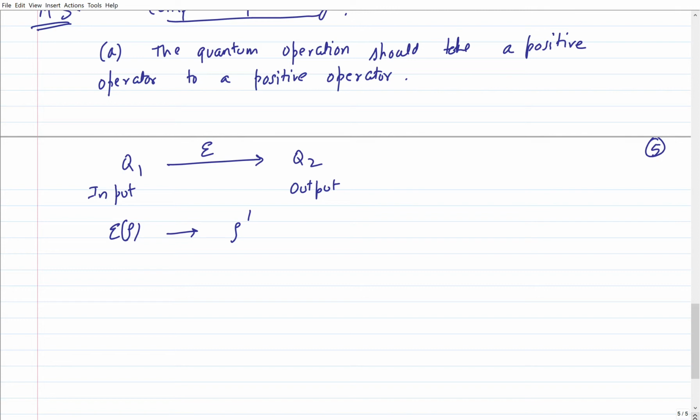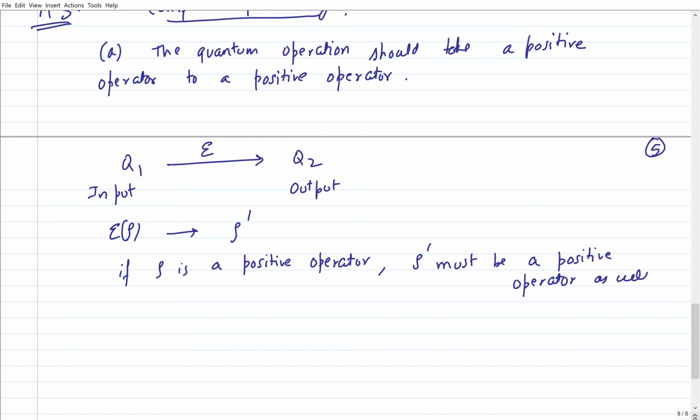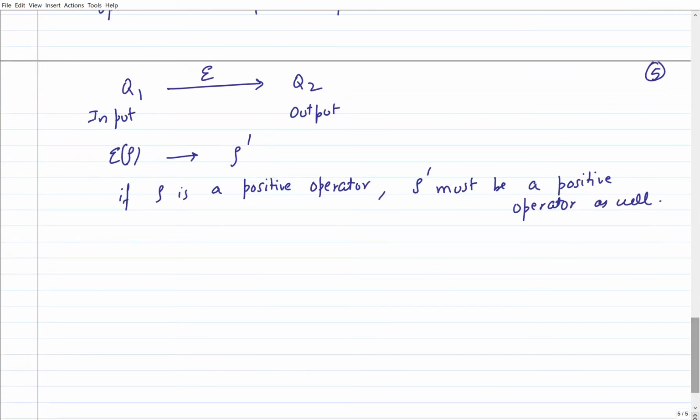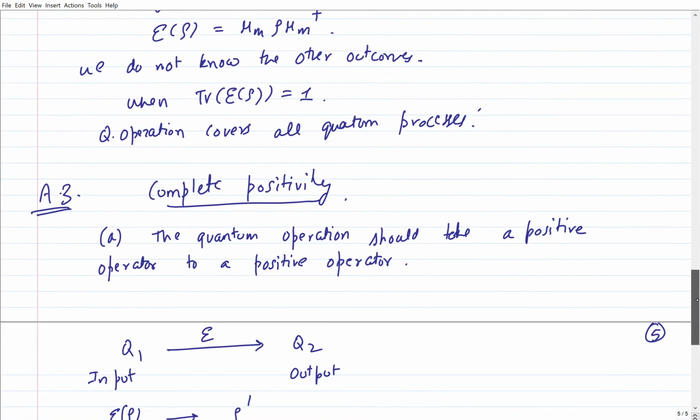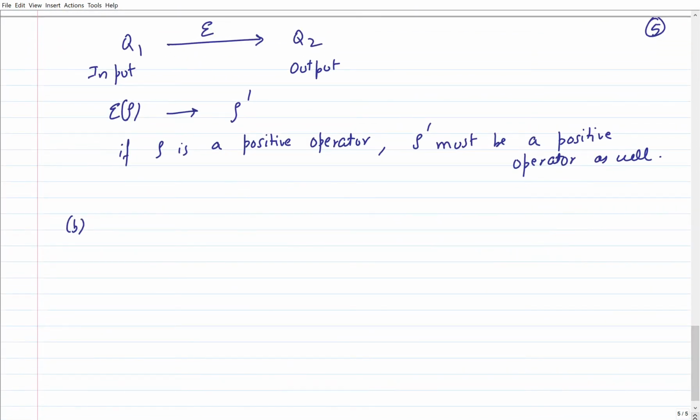If rho is a positive operator, the output should or must be a positive operator as well. Not only that, there's a notion of, so let me call this, this is positivity and this is complete positivity.